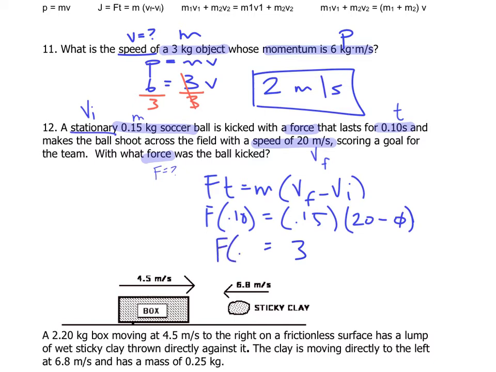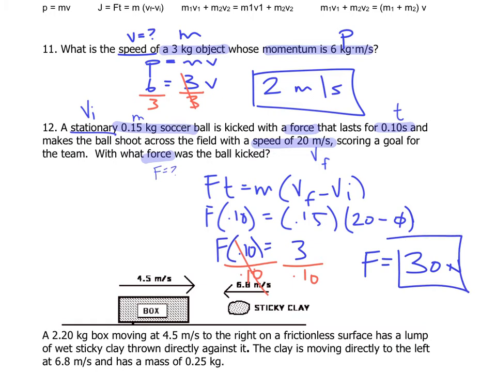So on the left, I have F times 0.10 equals 3. To get F by itself, I need to divide both sides by 0.10. When I do that, my 0.10s on the left cancel out, which leaves F all by itself. And my force is 30 newtons.